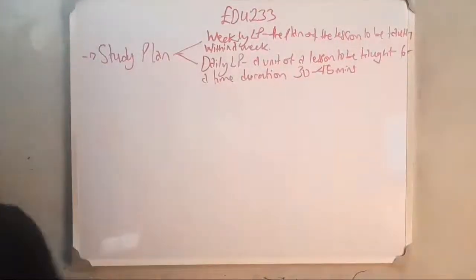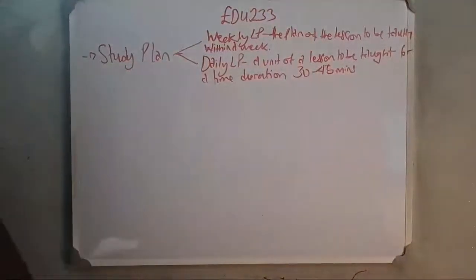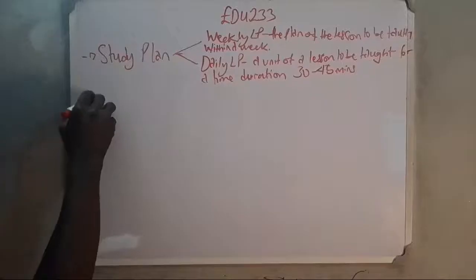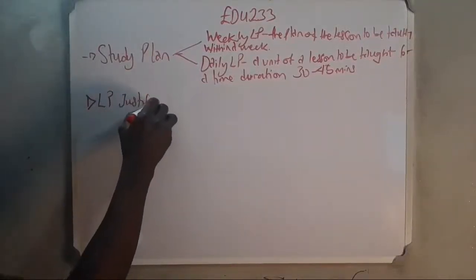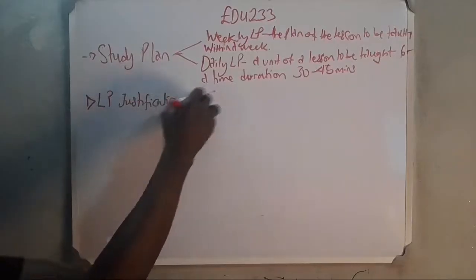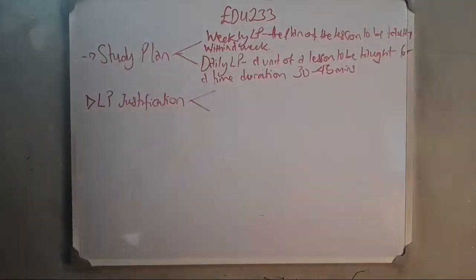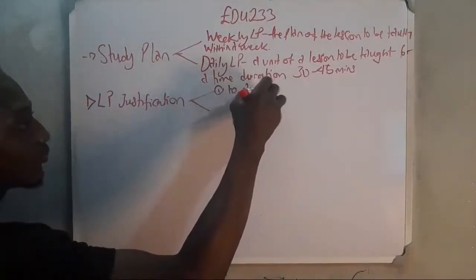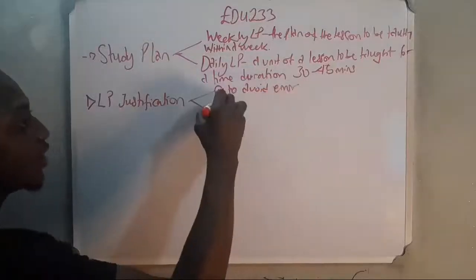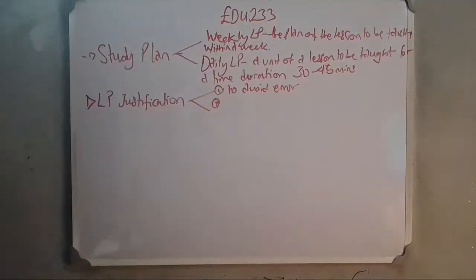Some of the justifications for the daily lesson plan are to avoid errors, to avoid omissions, and to prevent repetitions.